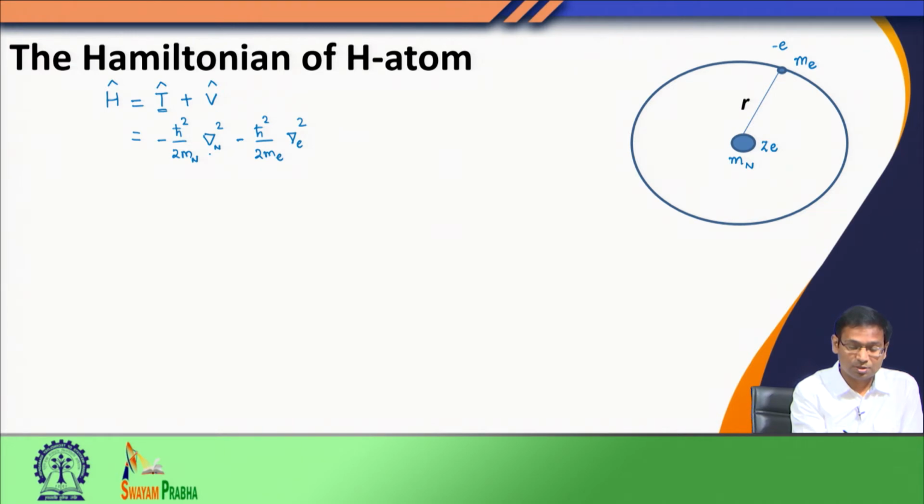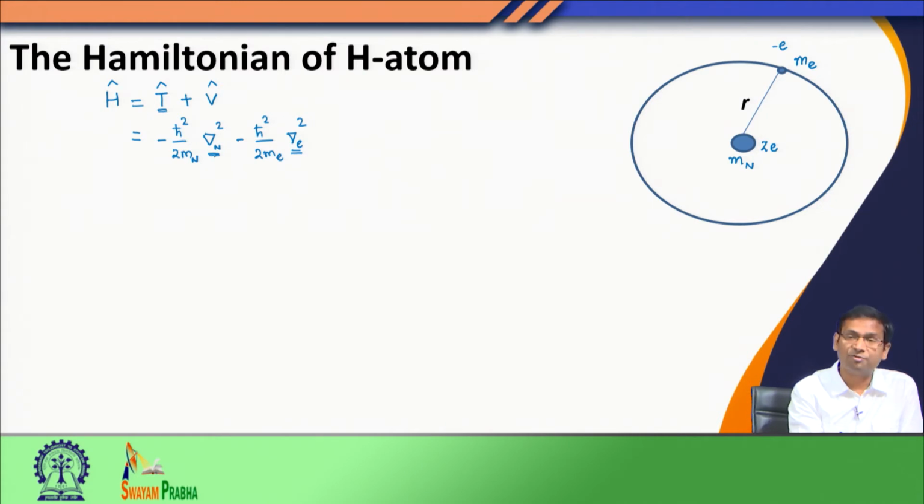If you notice, I am writing this nabla square or the del operator, which we defined in an earlier class, this is the Laplacian operator. In Cartesian space, it contains d square by dx square plus d square by dy square plus d square by dz square, that is the second order partial derivative in x, y and z dimensions.